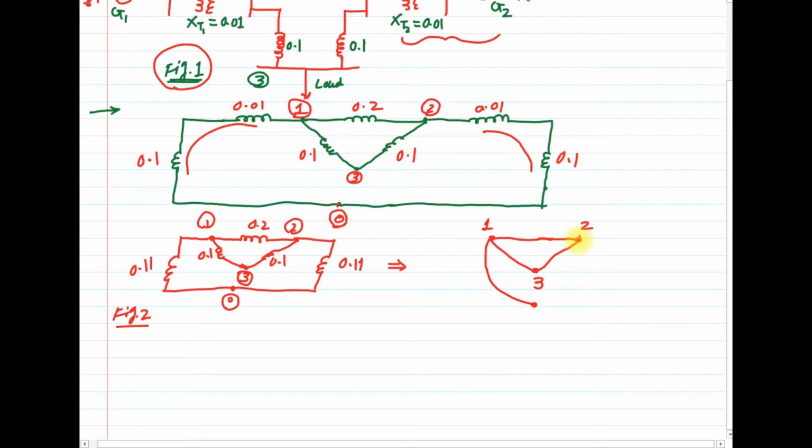So this is our graph for figure number 2. From figure number 2 we have drawn the graph.